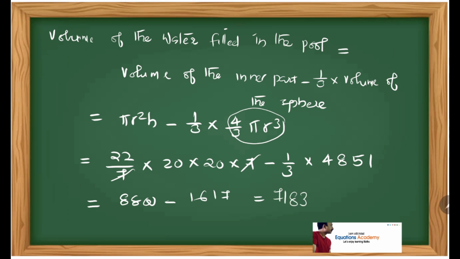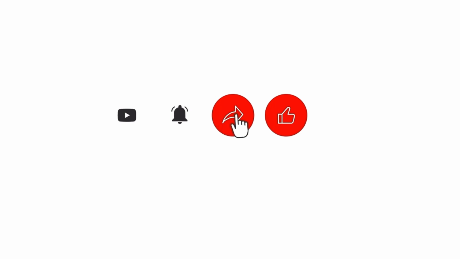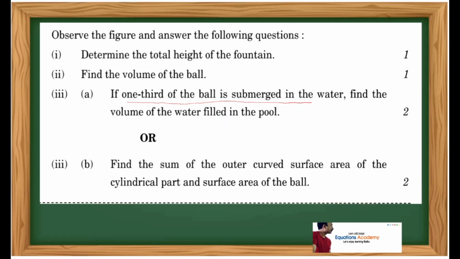Since it is volume, centimeter cube. 7183 centimeter cube is the answer of question number 3A. Now we'll go to question number 3B. What is question number 3B? Find the sum of the outer curved surface area of the cylindrical part and the surface area of the ball.